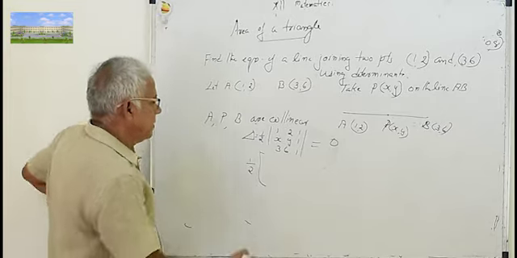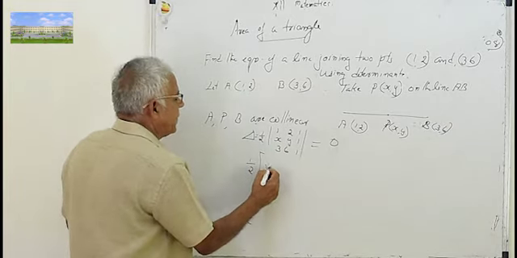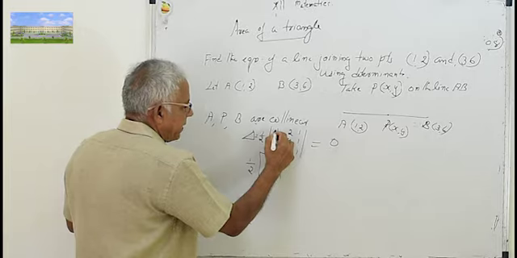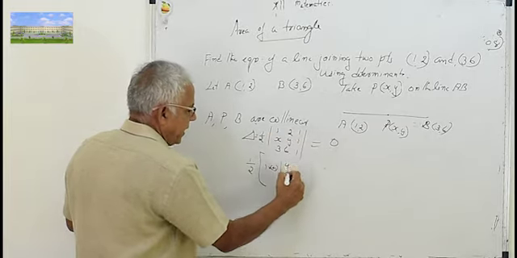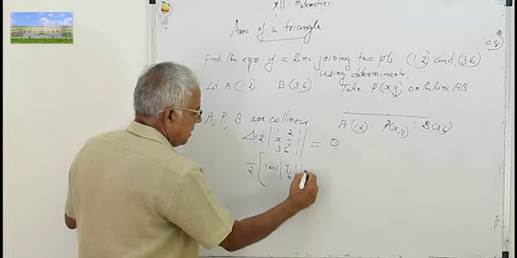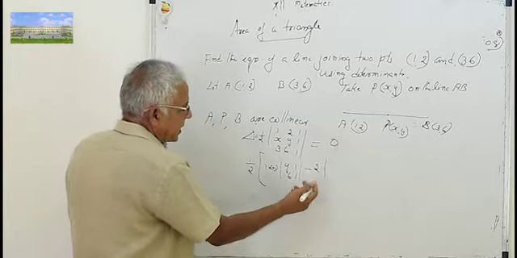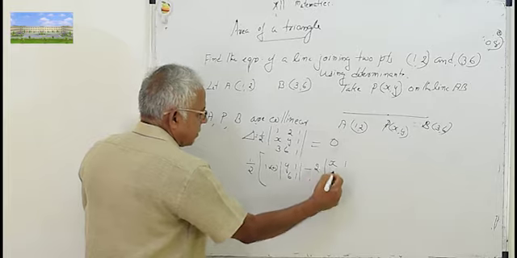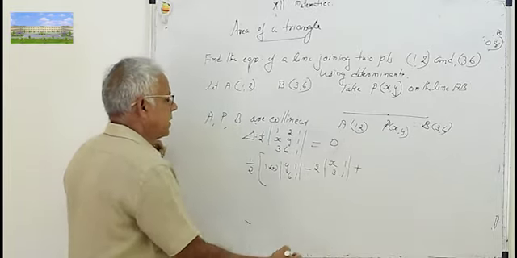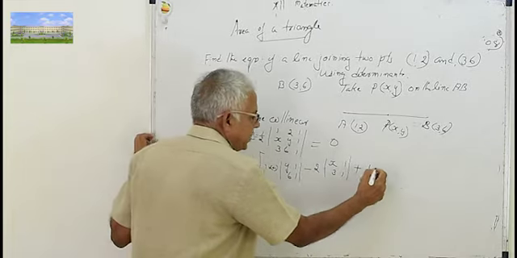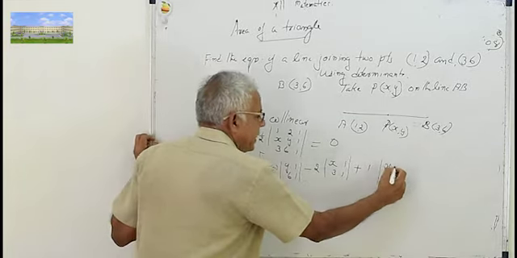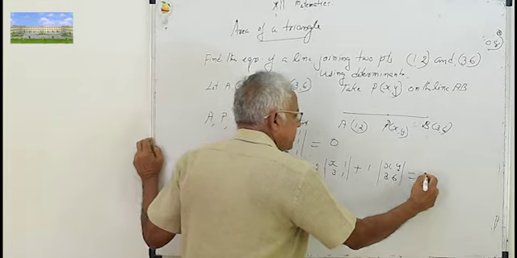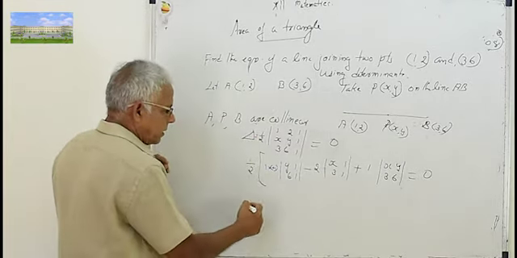Expanding along R1: 1 into positive 1 into the determinant obtained by deleting the row and column containing 1, that gives (y minus 6), minus 2, because the sign is negative, into the determinant obtained by deleting the row and column containing 2, (x minus 3), plus 1 into, the sign is positive, (6x minus 3y), is equal to 0. That is cross multiplication.